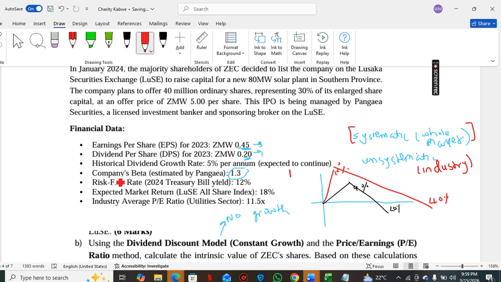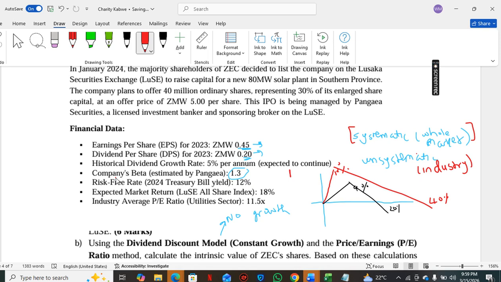Risk-free rate. This is the interest you're going to earn on government securities. Government, theoretically, cannot default on payments because they can print money through the central bank, so you eventually get paid. They are not running anywhere. The company can run away, it might close.